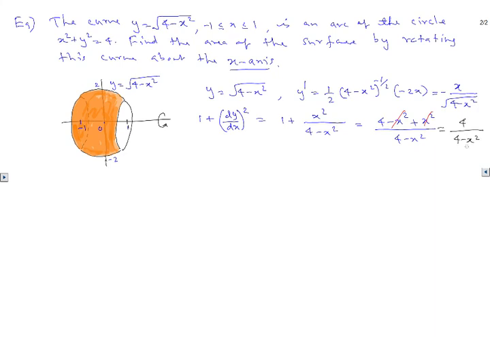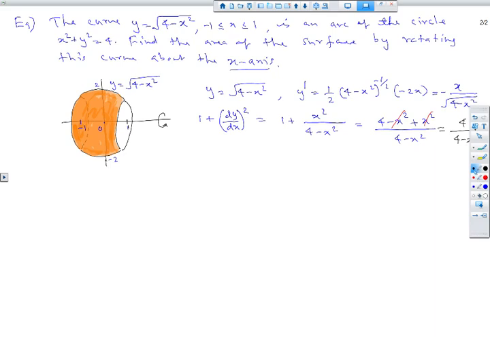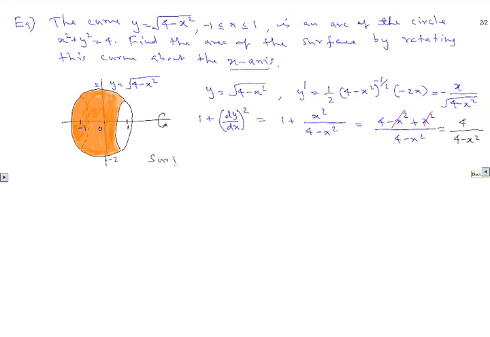Now we can use the surface area formula. The surface area is 2 pi times the integral from a to b of y times the square root of 1 plus (dy over dx) squared. In the exam you're going to get points for writing this, so make sure you remember it.